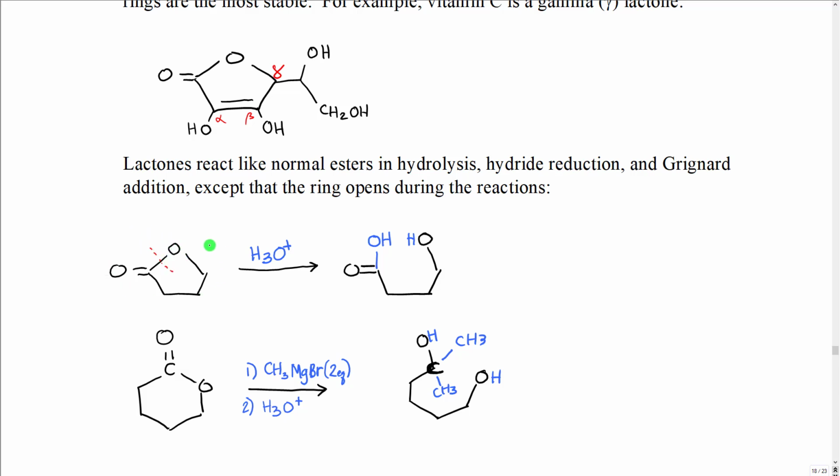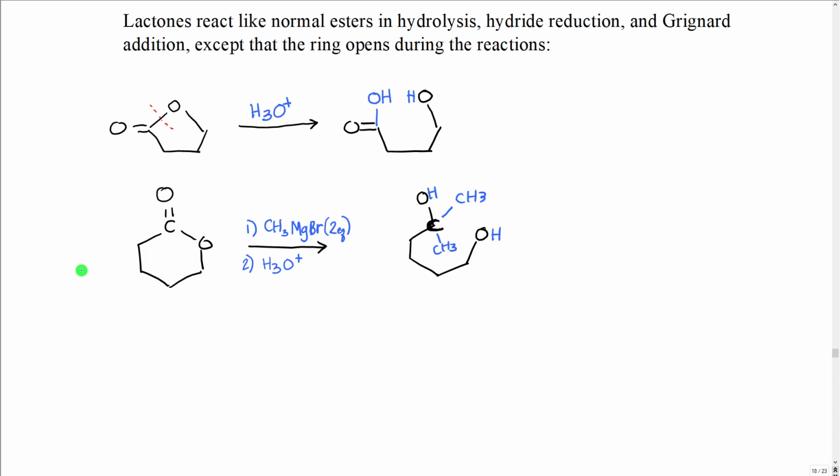But if we do this in a lactone, breaking that bond is going to open the ring and convert it to a non-ring structure. So for example, hydrolysis of this gamma lactone would result in OH on the carboxylate side and OH on the alcohol side, but those would still be attached overall to the same molecule.